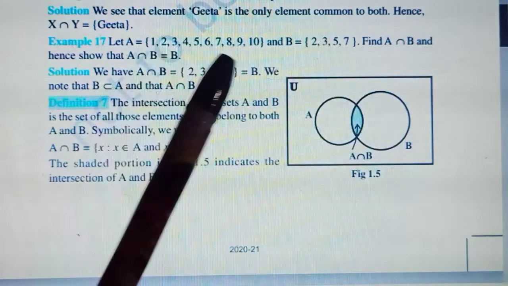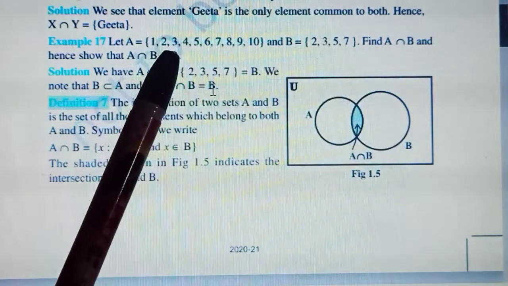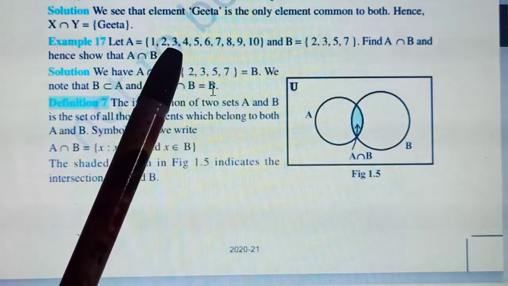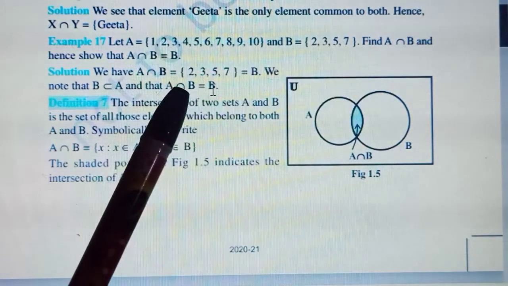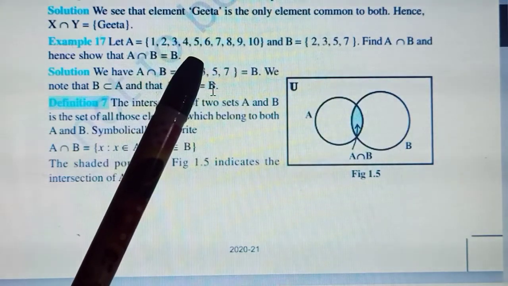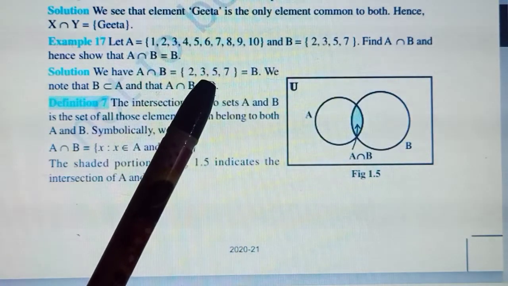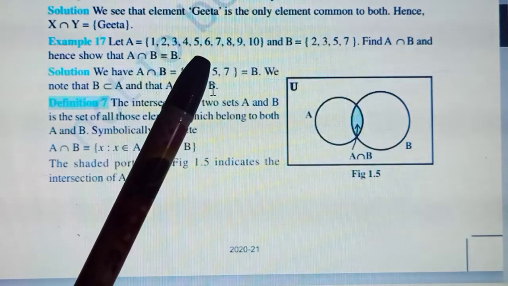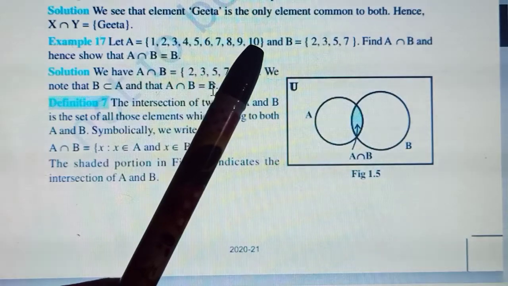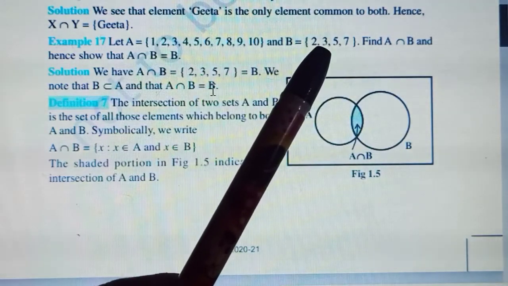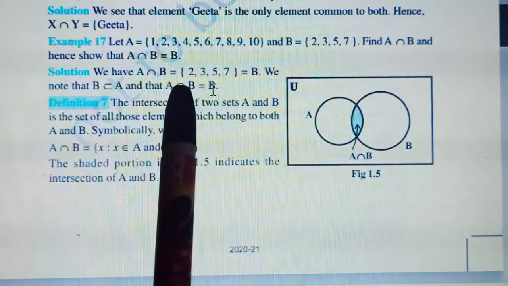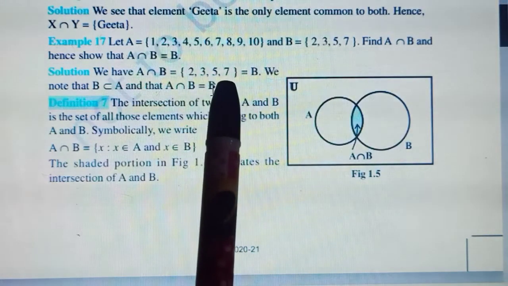So 1 is here but not here, so will not be included. 2 is here as well as here, so 2 will be included in the intersection. 3 was here as well as here, will also be included. 4 is here but not in the other set, leave that. 5 is present in both, will also be included. 6 is only here, not included. 7 here as well as here will be included. Then 8, 9, 10 are seen in A but not in B, so will not be included. Okay, so when we are finding intersection, we got it as 2, 3, 5, 7.